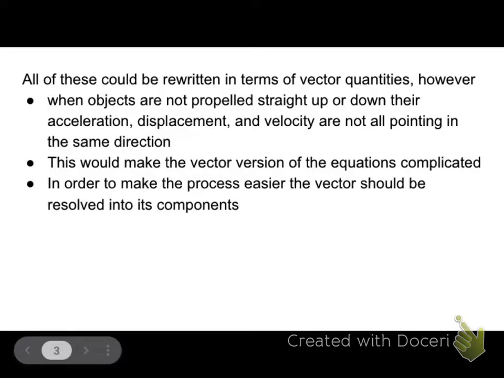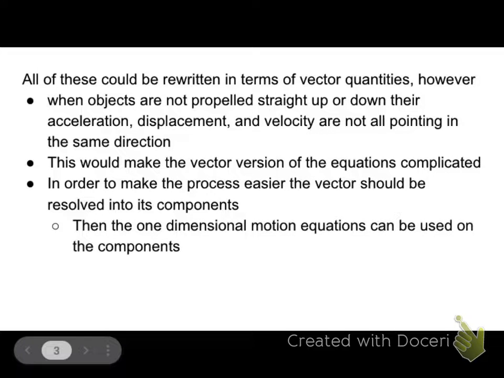In order to make this process easier, instead of trying to write equations that would work with a resultant vector, we can instead break that resultant vector down into its components. So we can use the skills that we have already learned to resolve that vector into its horizontal and vertical components. And then we can use the equations we used in the previous chapter for one-dimensional motion on those components.